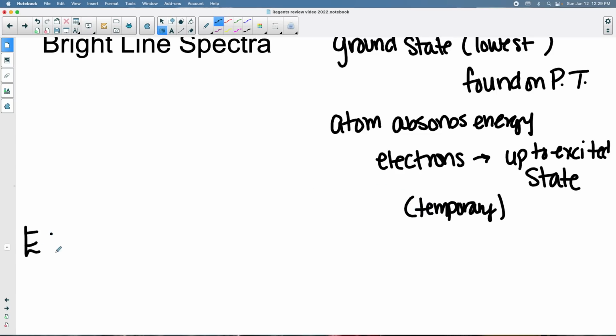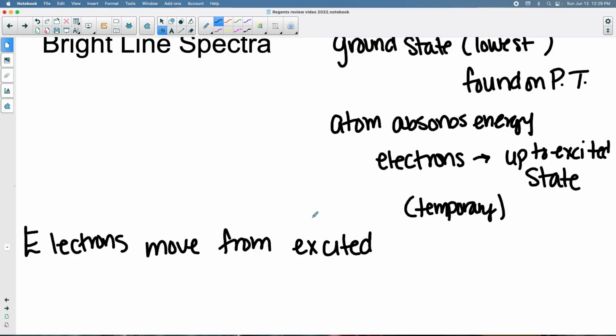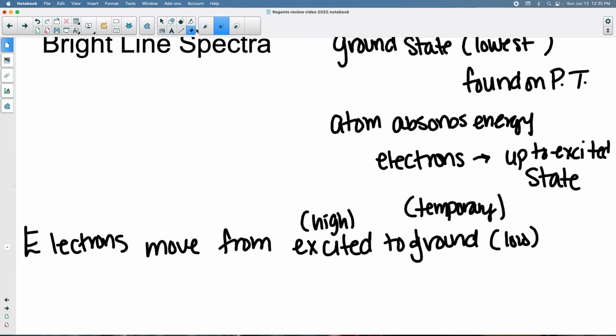And then when the electrons move from excited, which is a high energy state, back down to ground, which is a low energy state, energy is released as light.